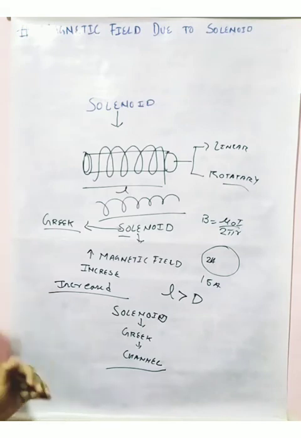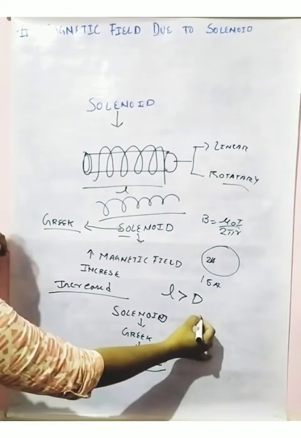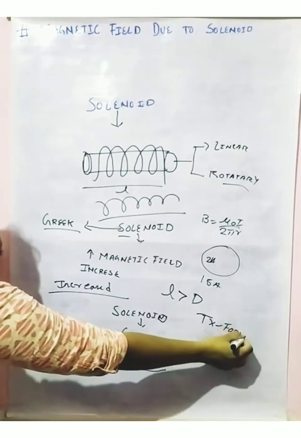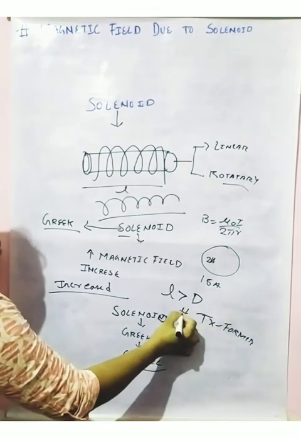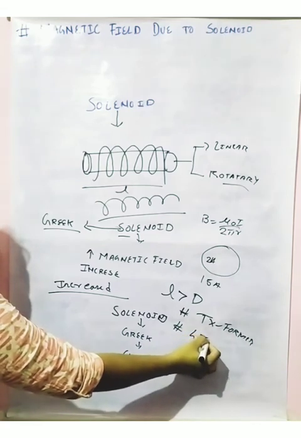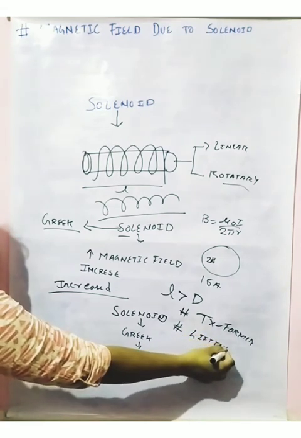I hope this solenoid is clear to you, and why we are using the solenoid. What are the practical applications of a solenoid? It is used in transformers, and in lifting heavy machines.